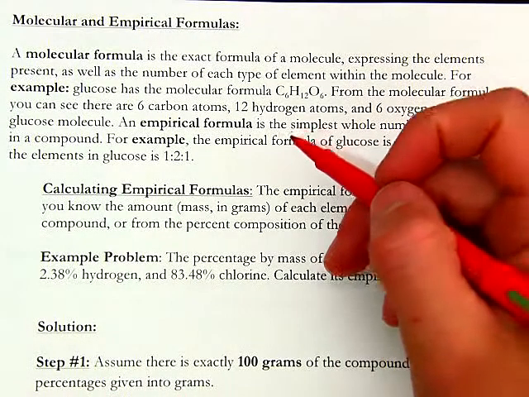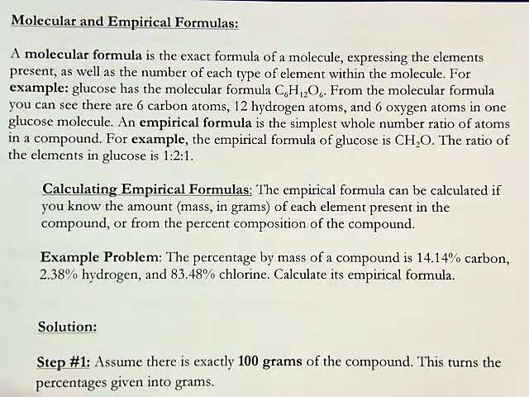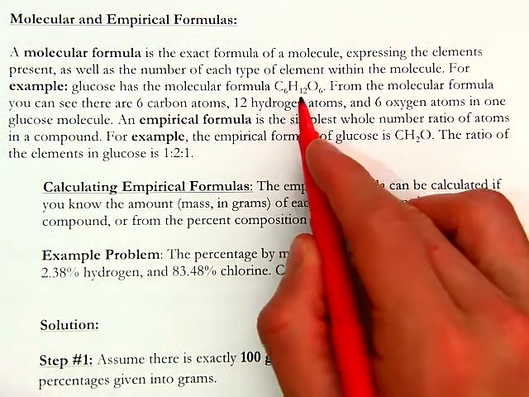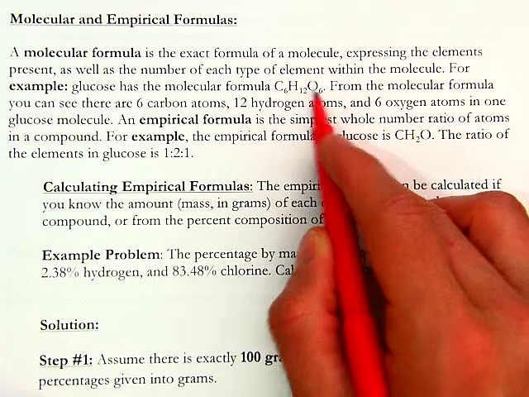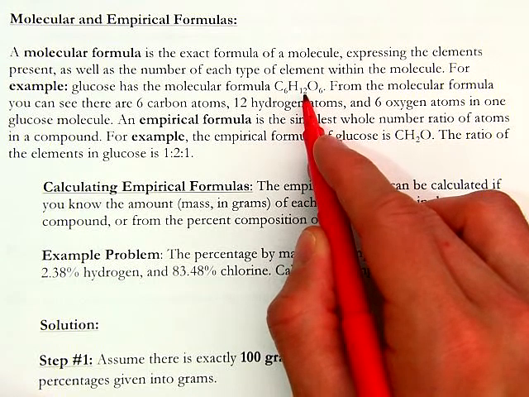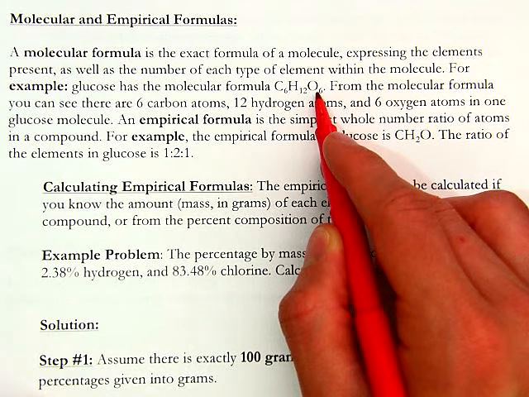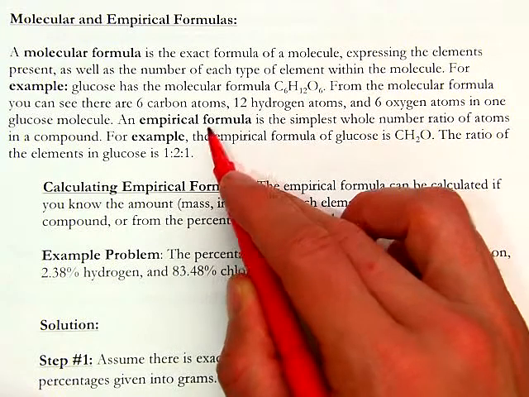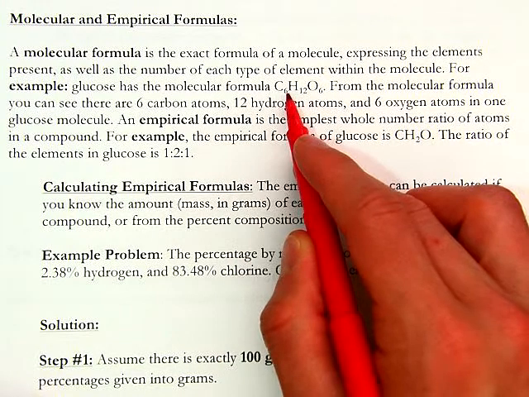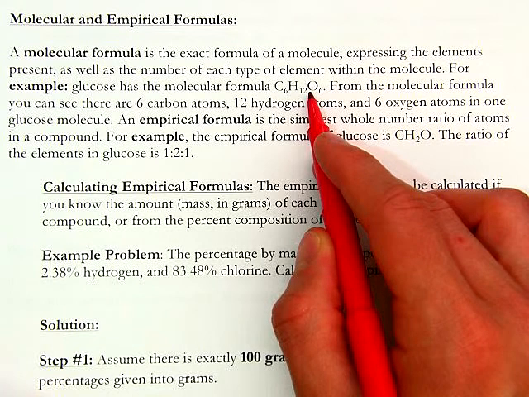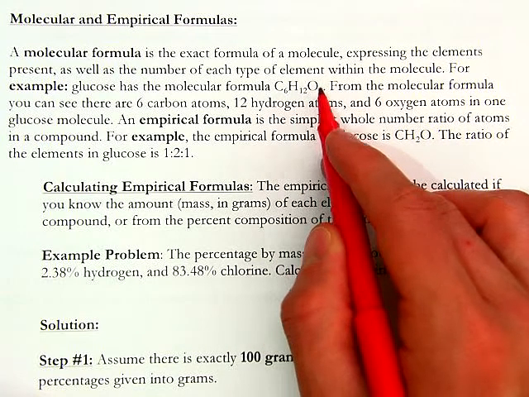So I give an example here of glucose, all right? Glucose has the chemical formula C6H12O6. This is the molecular formula for it. That tells you how many carbons, how many hydrogens, how many oxygens are in glucose. Now, the empirical formula would be if we took this and reduced it to the smallest integers that we could while maintaining the same ratio.